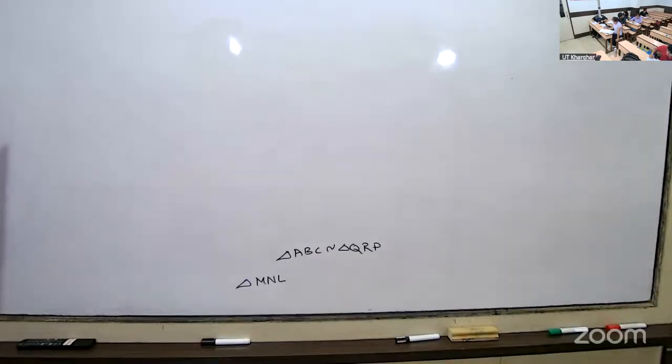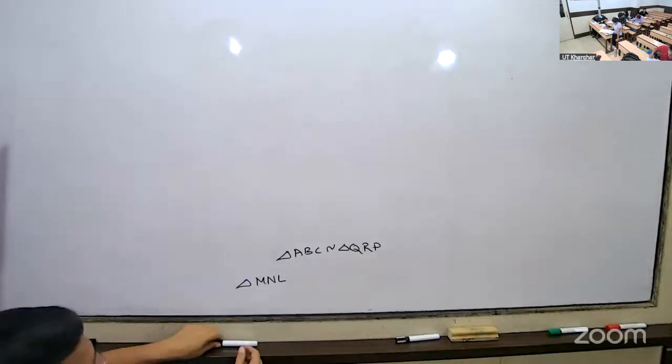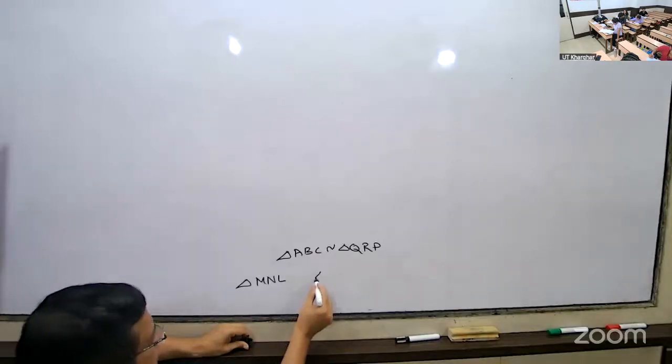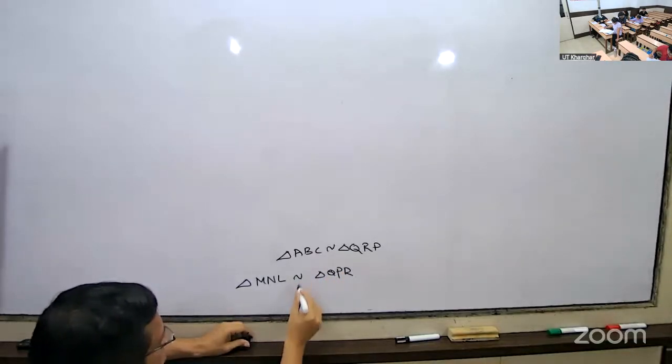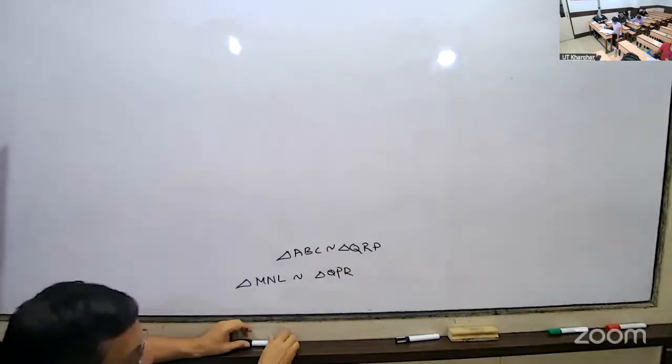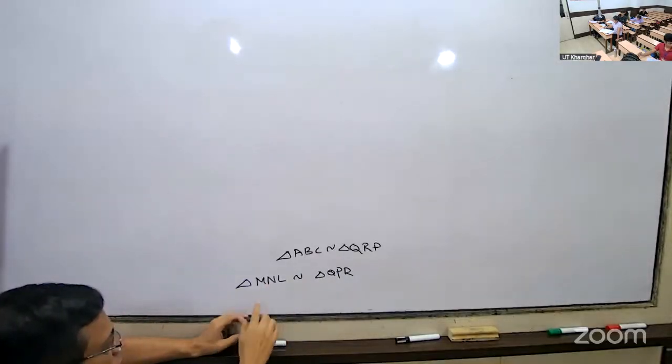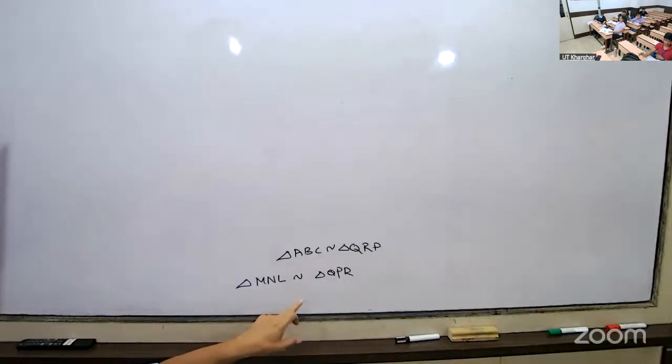Don't change the order. Triangle LMN is similar to triangle QPR. Then check the order. Is it QPR or QRP?